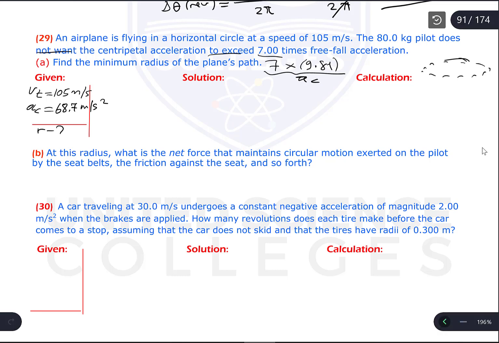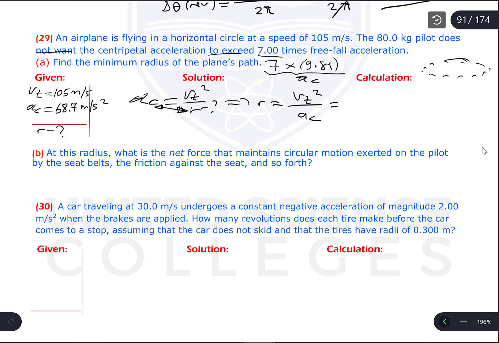What is r? I'm going to use the centripetal acceleration equation, a_c equals v_t squared over r. This calculates a_c, but I need to calculate r, so I use cross multiplication and replace the positions of r and a_c. So r is going to be v_t squared divided by a_c.